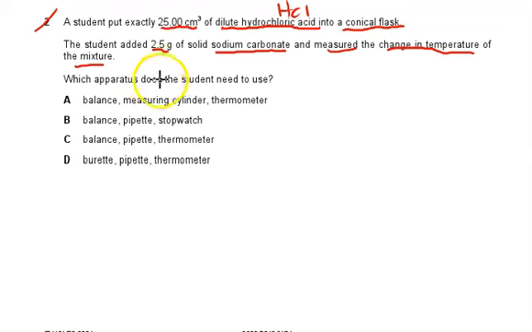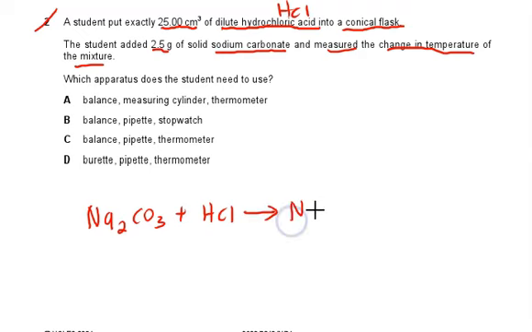Which apparatus does the student need to use? If you have a carbonate, obviously you will have carbon dioxide. Let us write down the formula here: sodium carbonate plus hydrochloric acid gives sodium chloride plus carbon dioxide plus water. I don't balance it, as we just want to know the products.